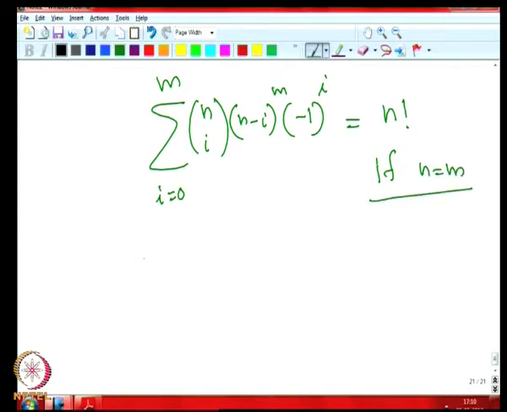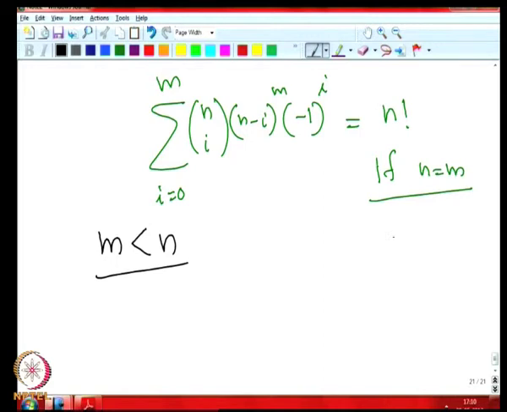Now the same situation, we can consider what will happen if m was less than n. Then definitely we cannot have an onto function, right, because the number of members in A is strictly less than the number of members in B. How can every member in B get a pre-image?